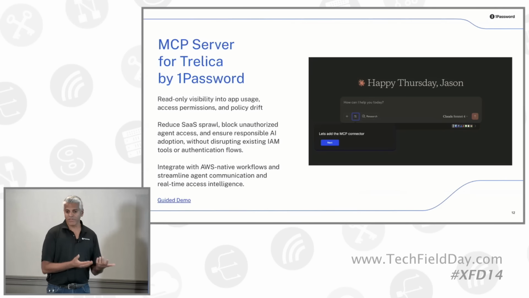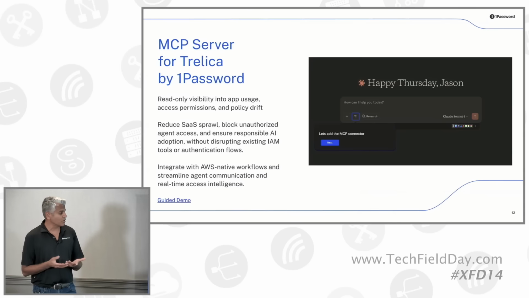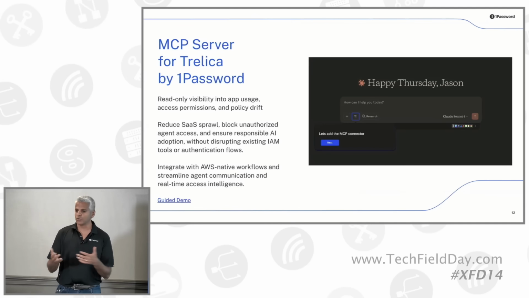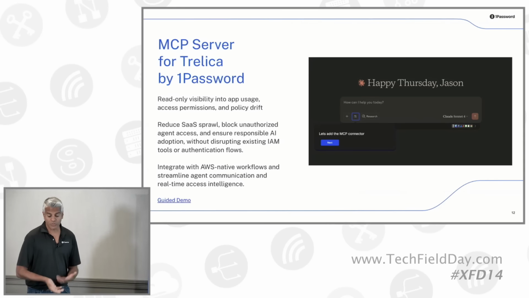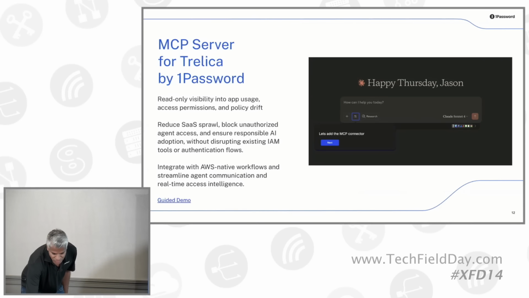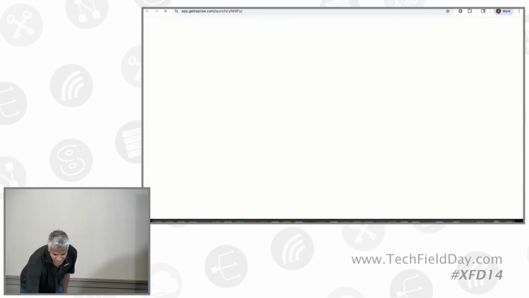As I mentioned before, we don't support releasing raw credentials on top of MCP because it's just not the right design. But we do support the protocol in general, in terms of an LLM being able to efficiently utilize tools and resources. So we built an MCP server on top of some of our Trelica APIs, and I'll show you a quick guided demo of it.